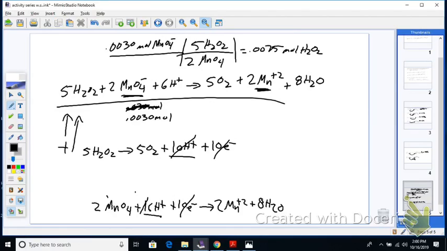So in this lab, what we're trying to do is find the concentration of hydrogen peroxide. So concentration of hydrogen peroxide would be percent concentration. So we're trying to find the percent H2O2 that we have combined with water, because it's diluted down.